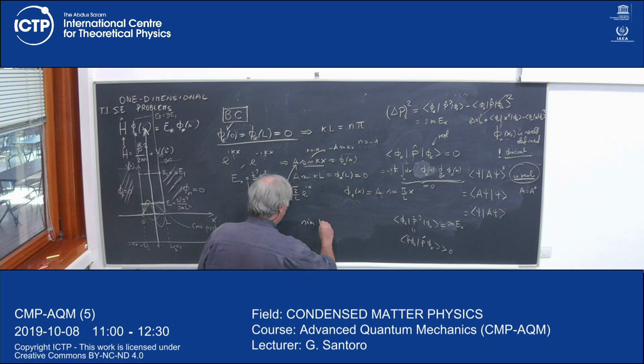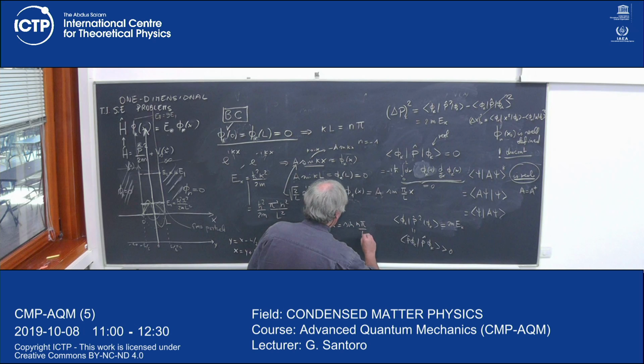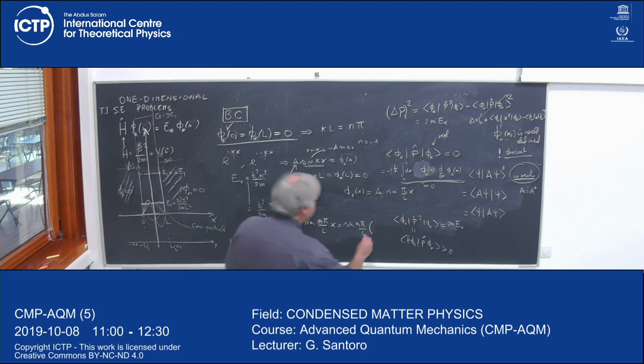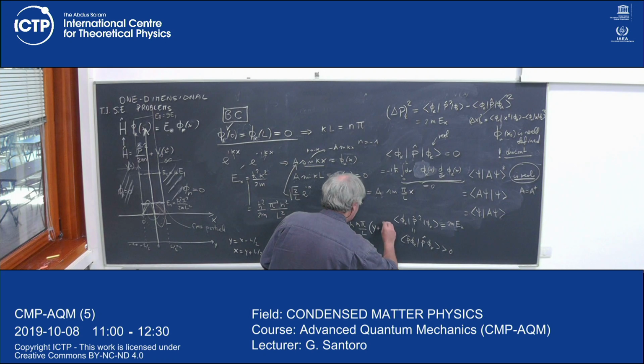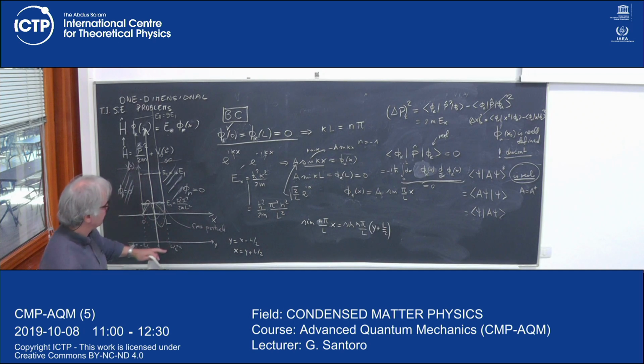Now I take the state sine of kx. Remember that k is n pi over L. And I rewrite it as sine of n pi over L, y plus L over 2. Do you follow me? Maybe y is an unfortunate label for the abscissa. Do you want to call it x prime?